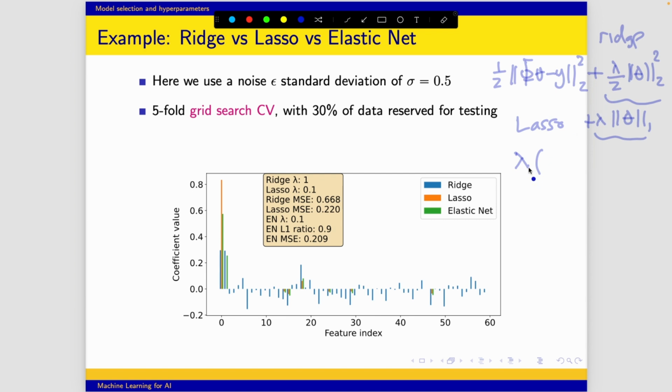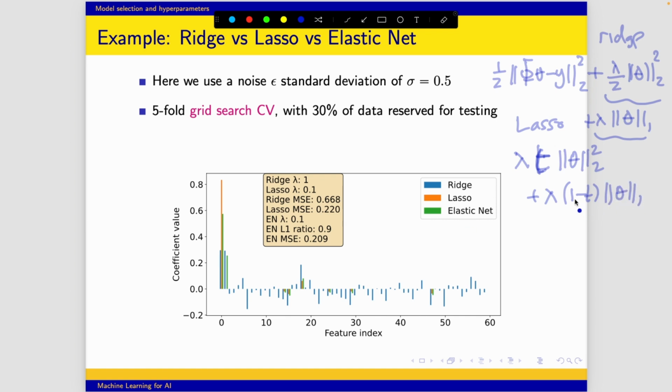Lambda times, let me call this t, the 2 norm of theta squared, so we've got here another parameter t, plus lambda, the same lambda, times 1 minus t times the 1 norm of theta.